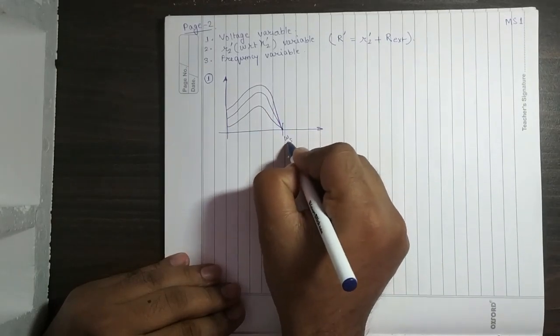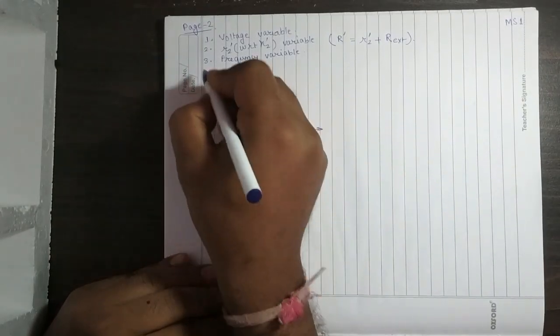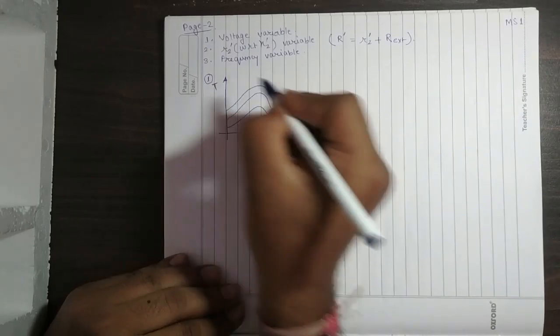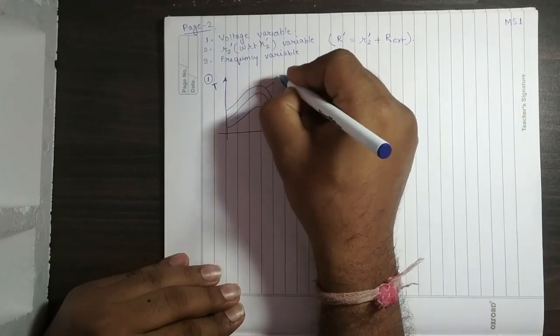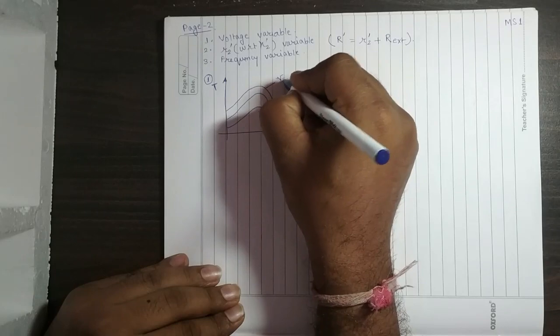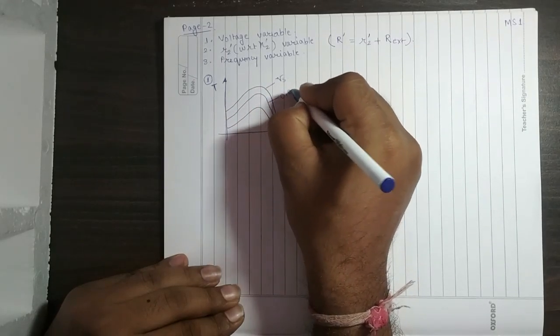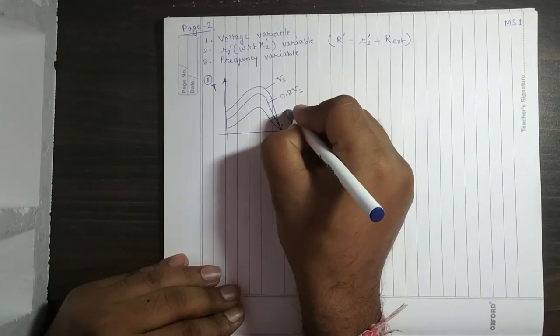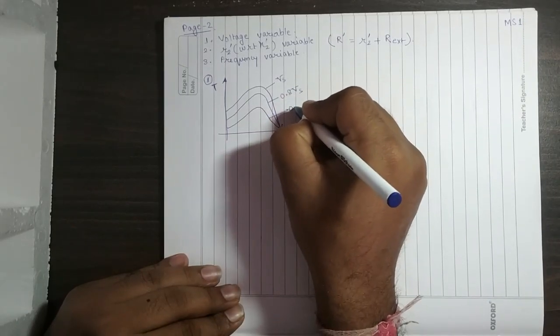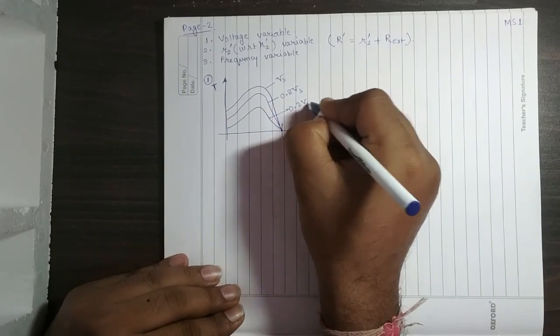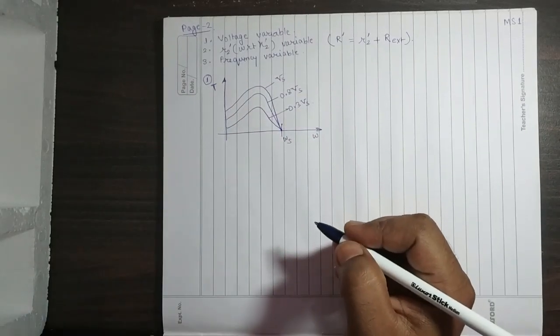This is the synchronous speed, this is speed, and this is torque, where this one is the rated stator voltage Vs. This one is something less than the rated stator voltage, and this one is much less, 0.3 Vs. So this way the curve goes down.